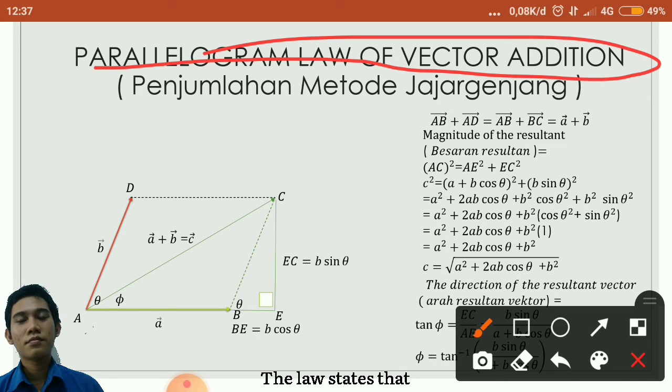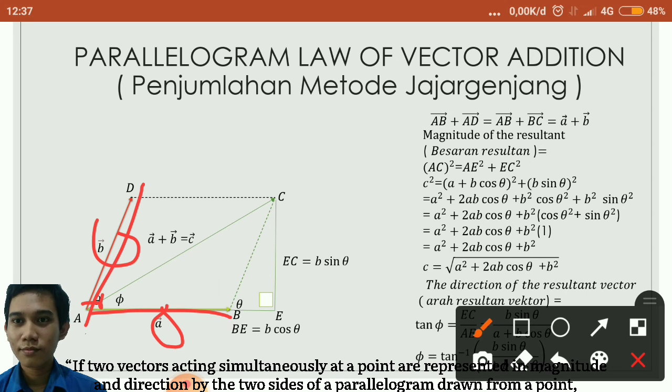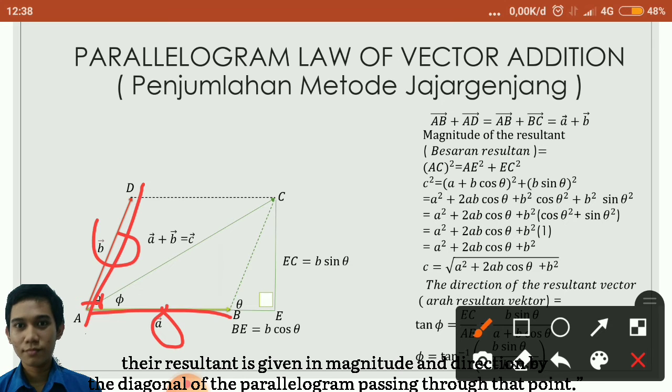The law states that if two vectors A and B, acting simultaneously at a point, are represented in magnitude and direction by the two sides of a parallelogram drawn from a point, the resultant is given in magnitude and direction by the diagonal of the parallelogram passing through that point.